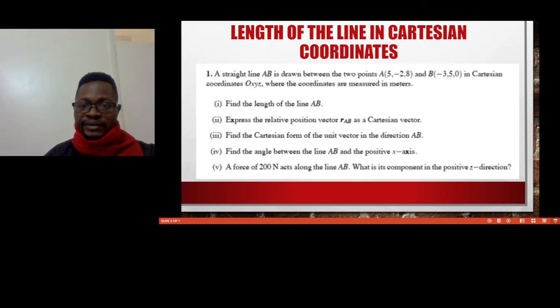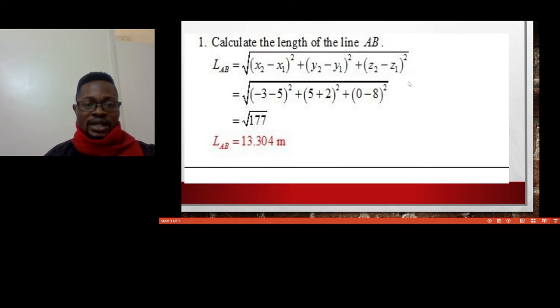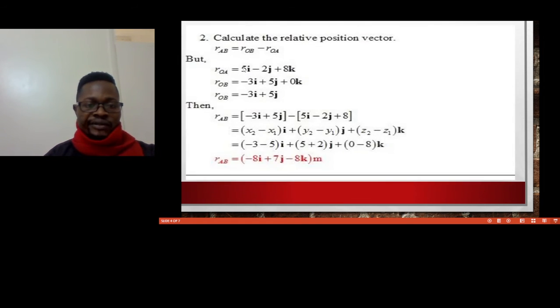If we go back to the question, we simply need to put them in the form of an equation. This is going to be our i, j, and k, because now we are dealing with vectors. So here we will have 5i minus 2j plus 8k as our R in this position of OA.